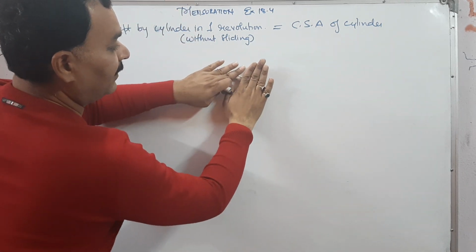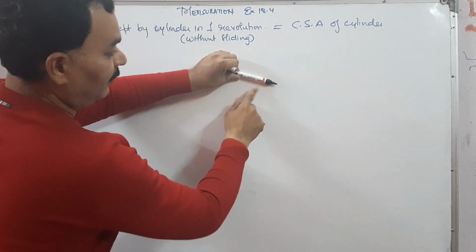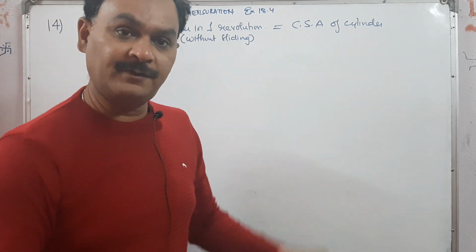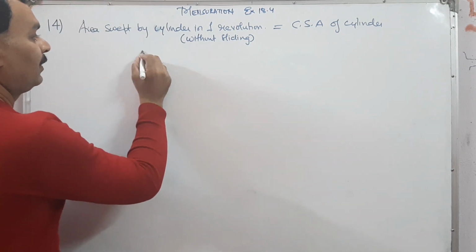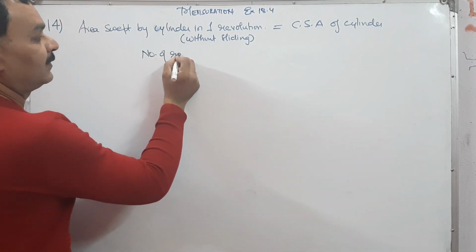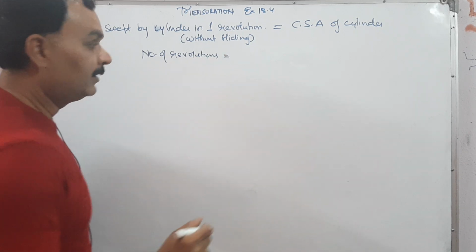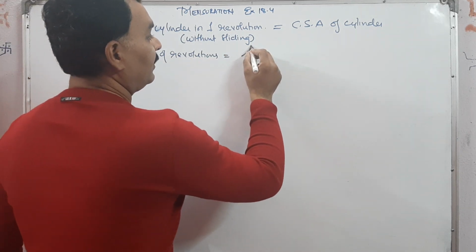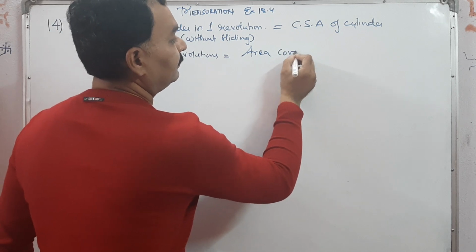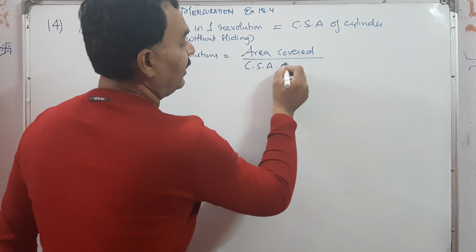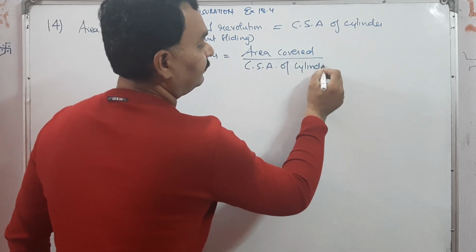If I am rotating it once without sliding, the area which is swept by this cylinder will be equal to its curved surface area. So the number of revolutions taken by the cylinder will be given by the area covered divided by the curved surface area of the cylinder.